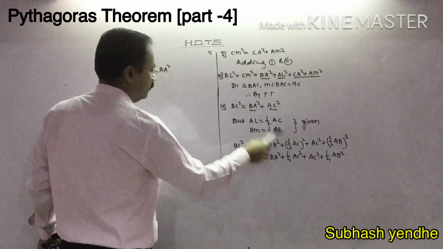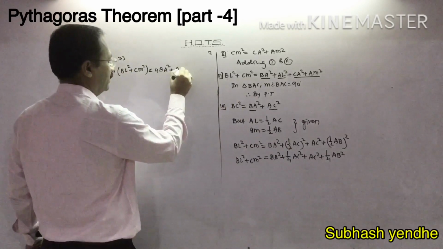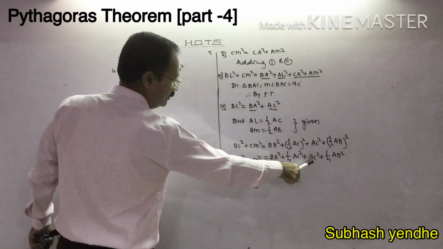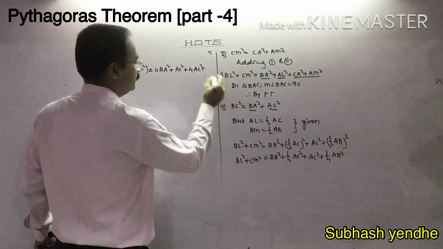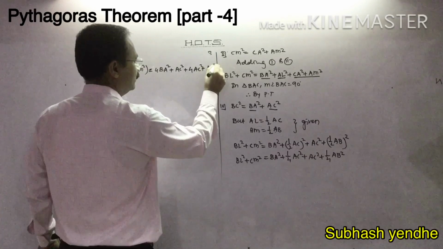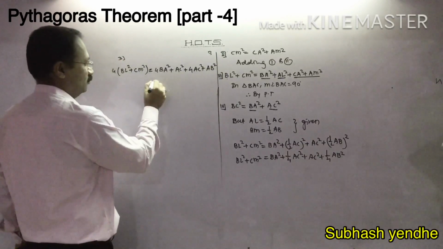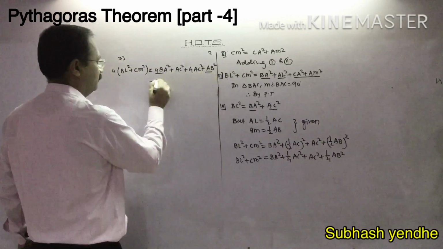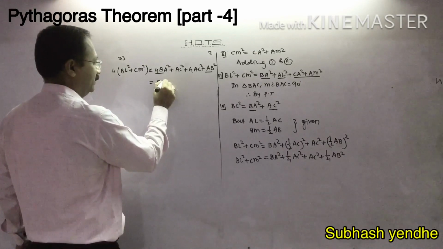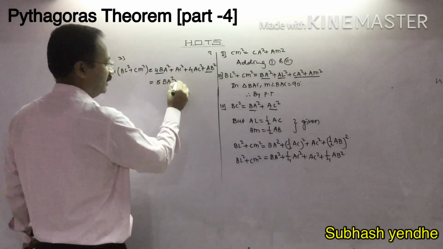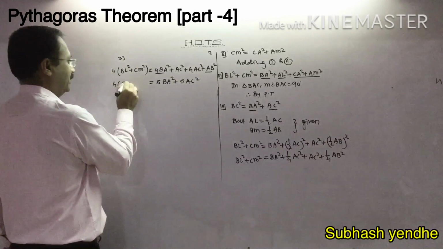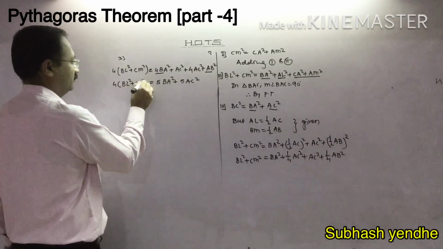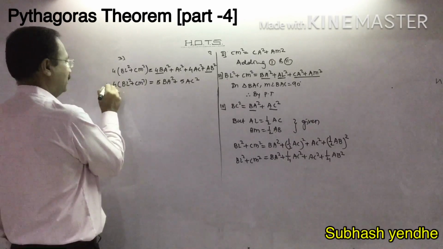Then AC square as it is, then 4 AC square, plus the 4 will be cancelled, so you get AB square. So 4 plus 1 will be 5 BA square plus 5 AC square. 4 in the bracket BL square plus CM square. So I am going to give this equation number 5.